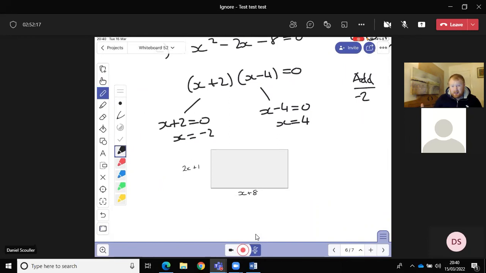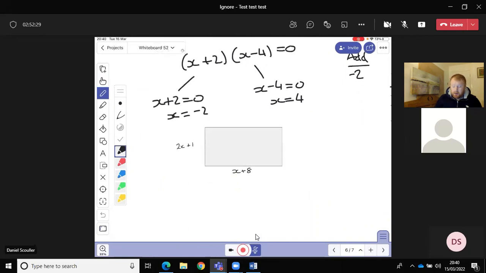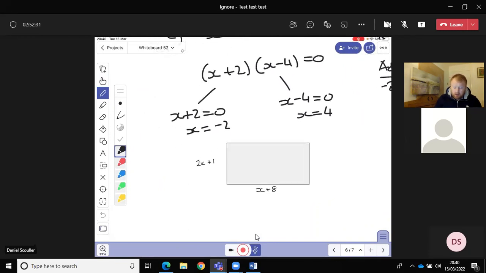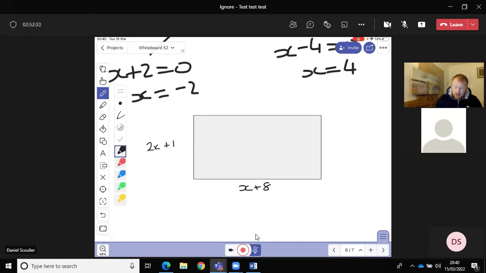Now, it's asking for what value of x can we use to find out the length and the breadth. Well, if we substituted in negative 2 into these two expressions, what answer would we get? So that x plus 8, we could substitute in negative 2 into that, and end up with 6. That would work.